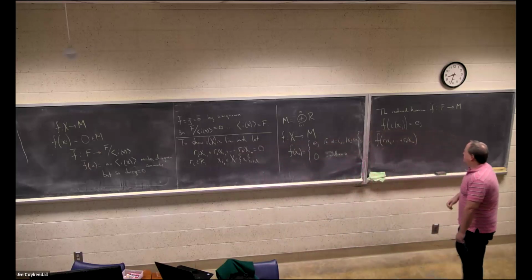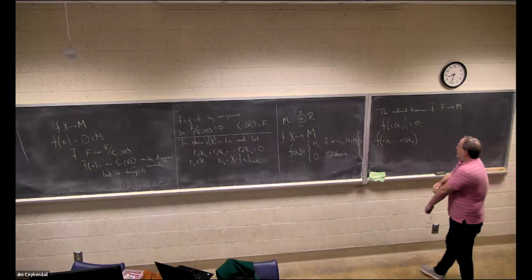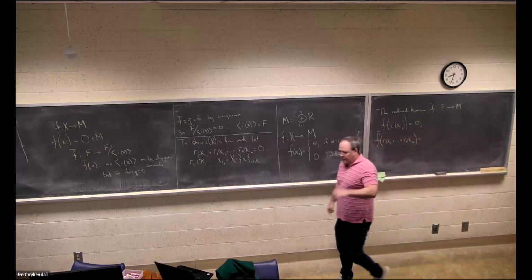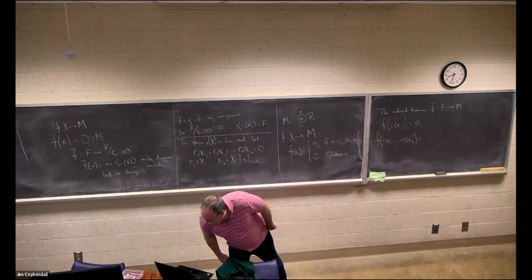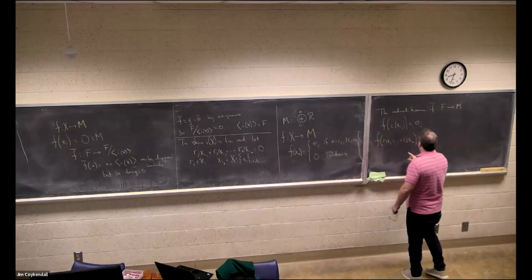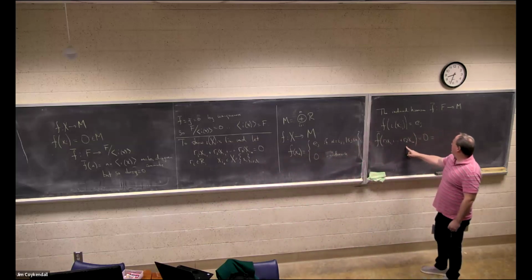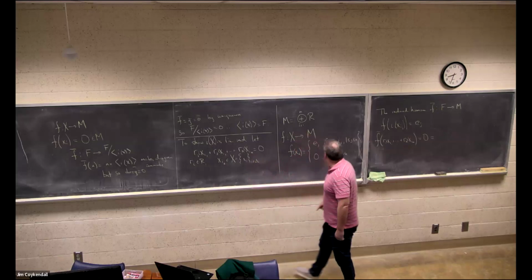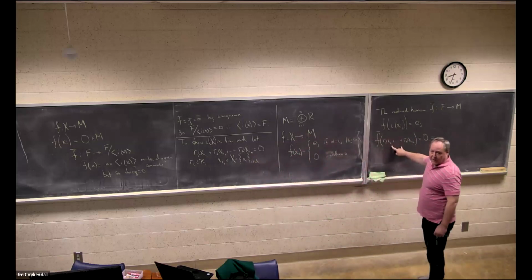This should actually be, by the commutativity of the diagram, this actually needs to be 0. And the reason is because this linear combination is 0. I mean, this is just a big fancy way of writing 0.